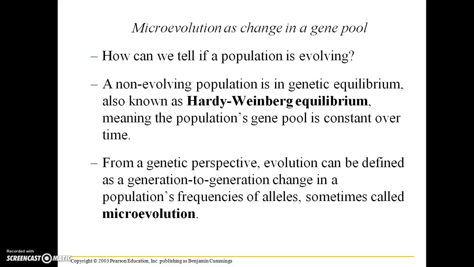From a genetic perspective, evolution can be defined as a generation-to-generation change in a population's frequencies of alleles, which is sometimes called microevolution. The evolution that we think about on a casual basis would be macroevolution.